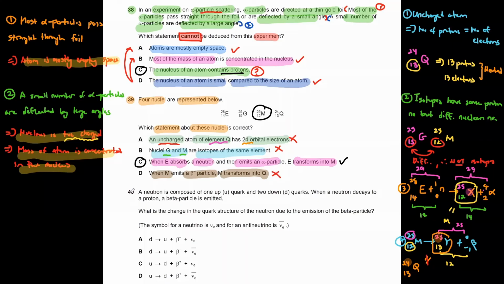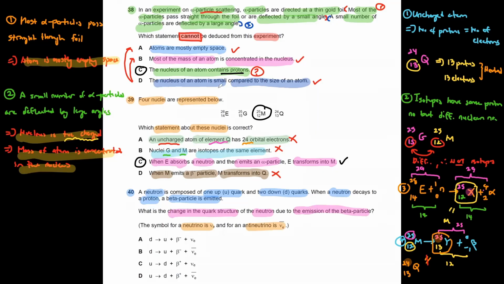Now, for the last question, 40, a neutron is composed of 1 up quark and 2 down quarks. When a neutron decays to a proton, a beta particle is emitted. What is the change in the quark structure of the neutron due to the emission of the beta particle? The symbol for a neutrino is ν, and for an antineutrino is ν bar.